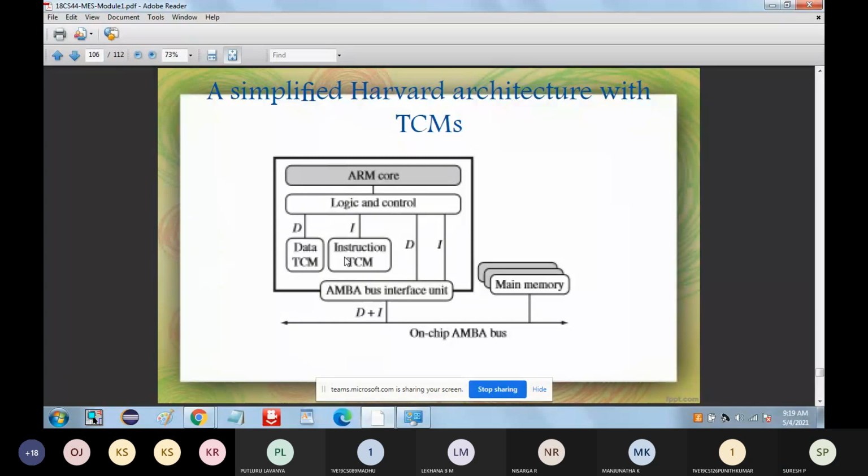When it is executing, from the memory it will come into the ARM core and it will be stored in the tightly coupled memory. But what is the advantage of having the instruction tightly coupled memory?